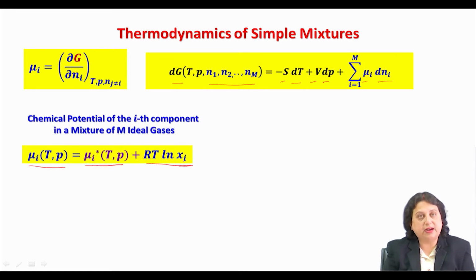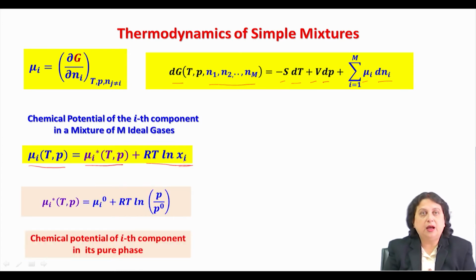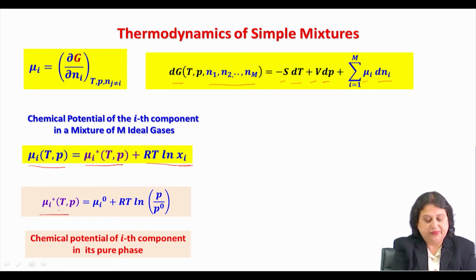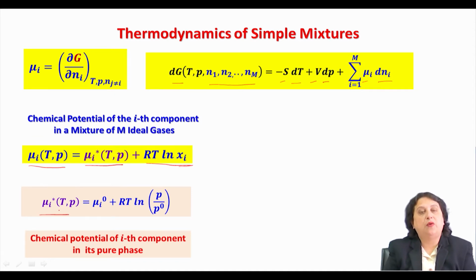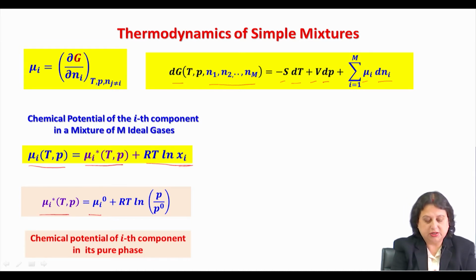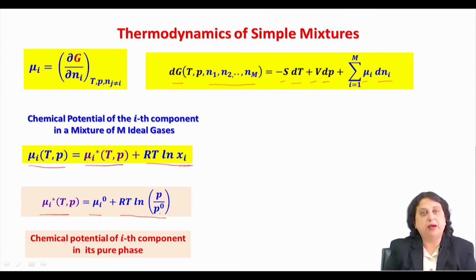So what is mu_i star? Mu_i star is the chemical potential of the ith component had it been present as a pure substance at the same temperature T and the same pressure P. And now I also know that if I assume an ideal behavior of the gas, in that case mu_i star, that is the chemical potential of the ith component in its pure phase, is given by mu_i naught plus RT ln P by P naught.